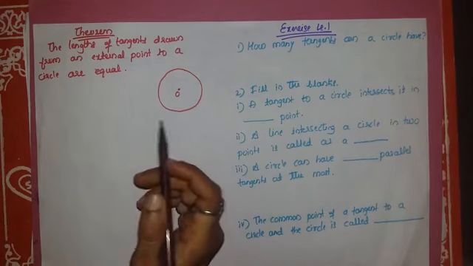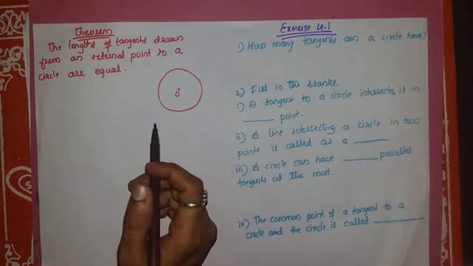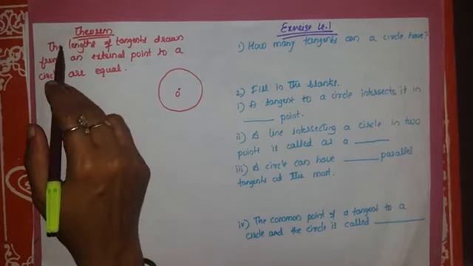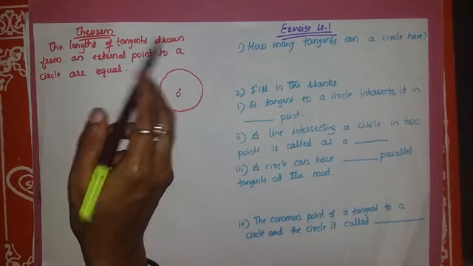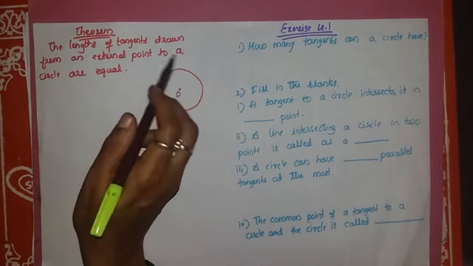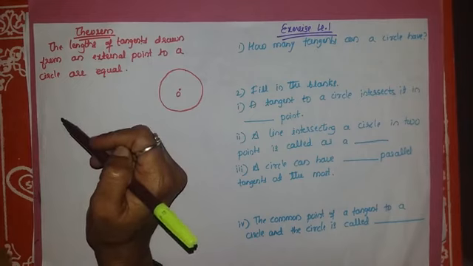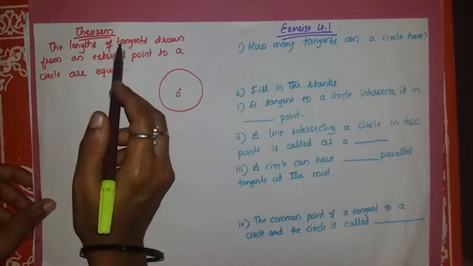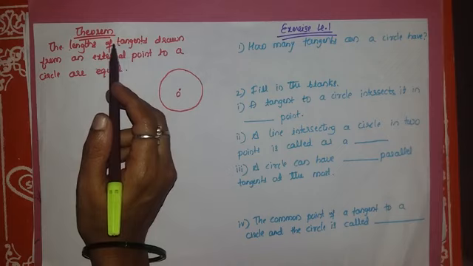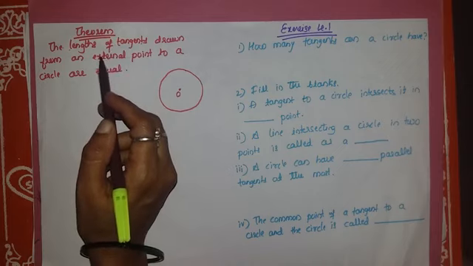Now let us learn another theorem on tangents. The lengths of the tangents drawn from an external point to a circle are equal. That means two tangents are drawn from an external point.